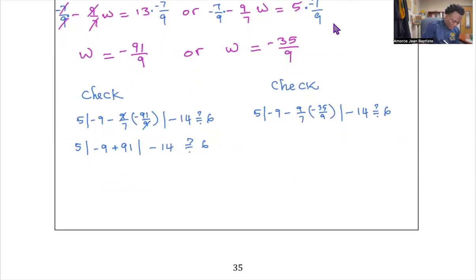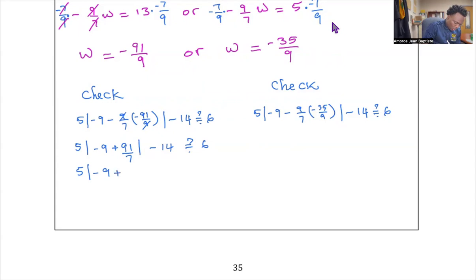Okay, so that's 5. But we have negatives, we have 7 here. And so that is -9, 91 divided by 7. 91 divided by 7 is 13.